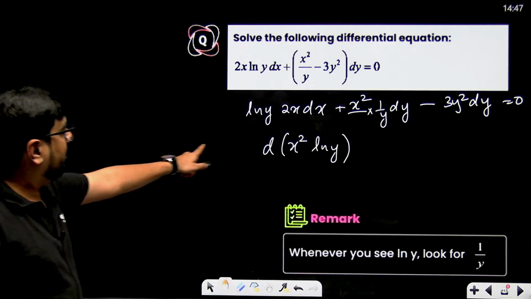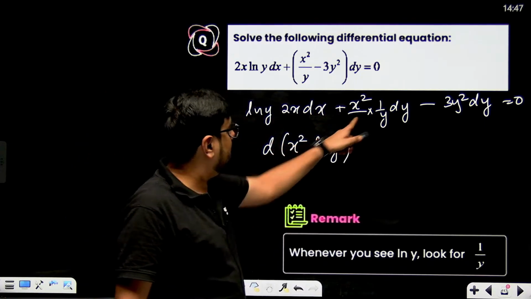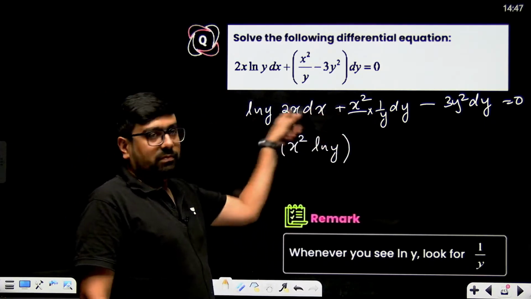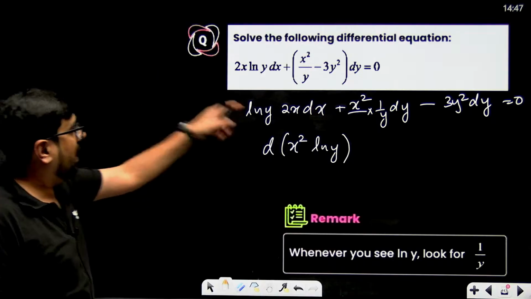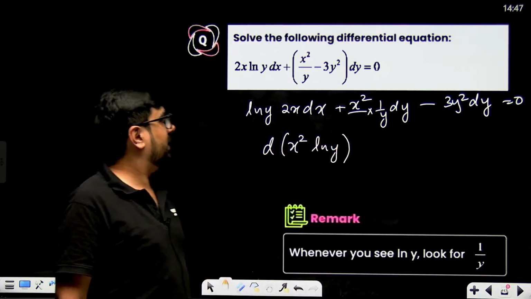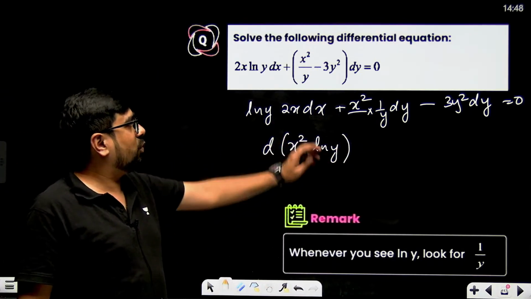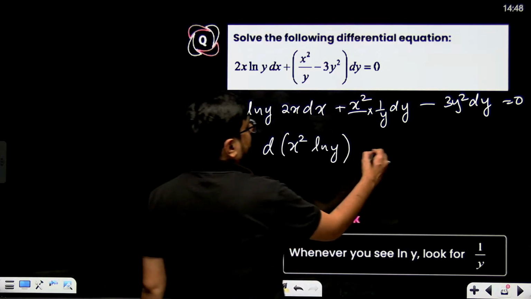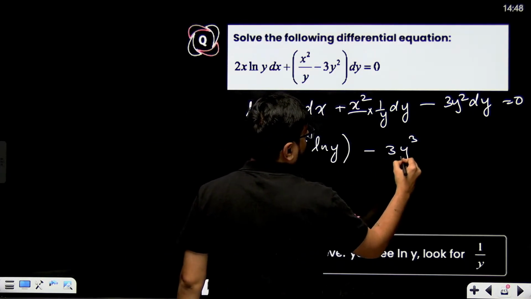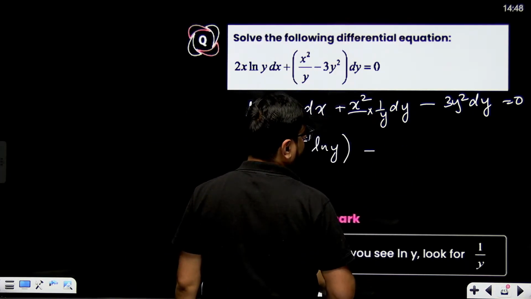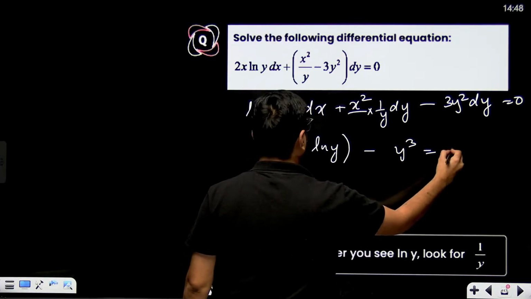So here we have this form, x dy plus y dx upon xy. If you take the LCM also, you will get y over here and x over here. So this is d of x square ln y minus 3y cube by 3, so this will become y cube only, equal to 0.